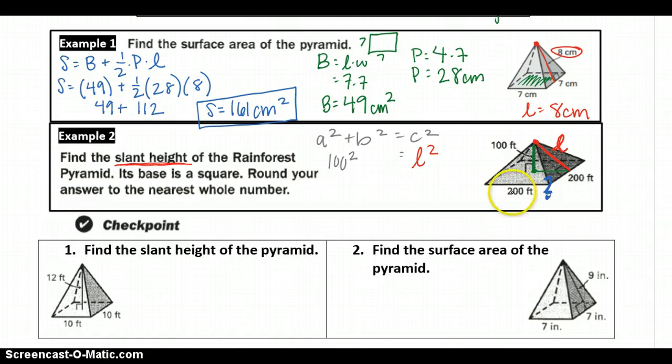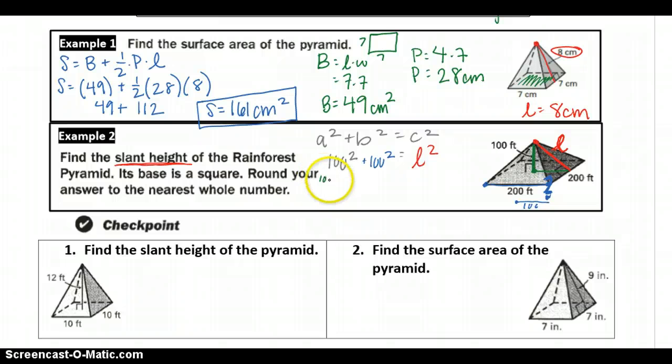Well, if I know that the distance of one side of the base is 200 feet, then the distance from the center of the base to the side is going to be half of that. So that distance is going to be 100. So for B, I will also use 100. Alright, so I need to calculate this out to find L. So 100 squared gives me 10,000.